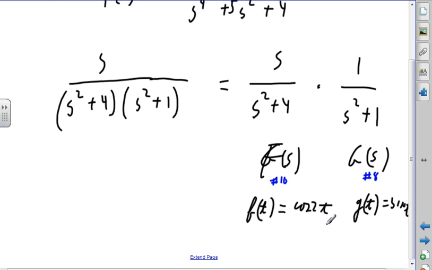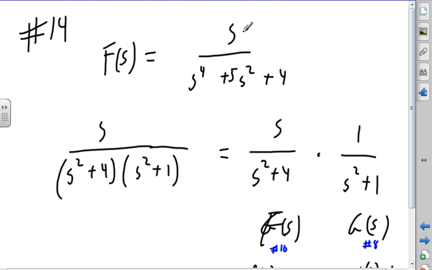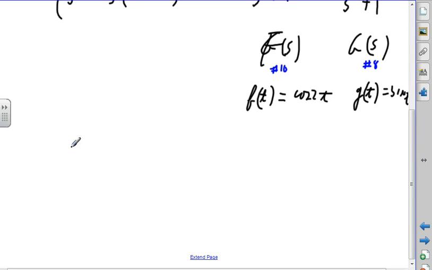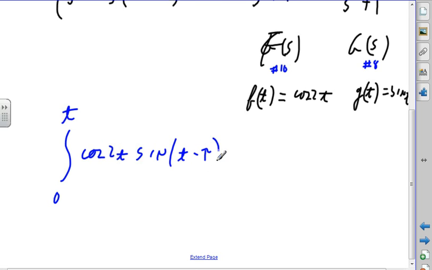And so the inverse Laplace transform of that guy is the convolution of this guy. All right, so we want to find the integral 0 to t cosine 2t sine t minus tau. That's a silly way to make a minus sign. d tau.